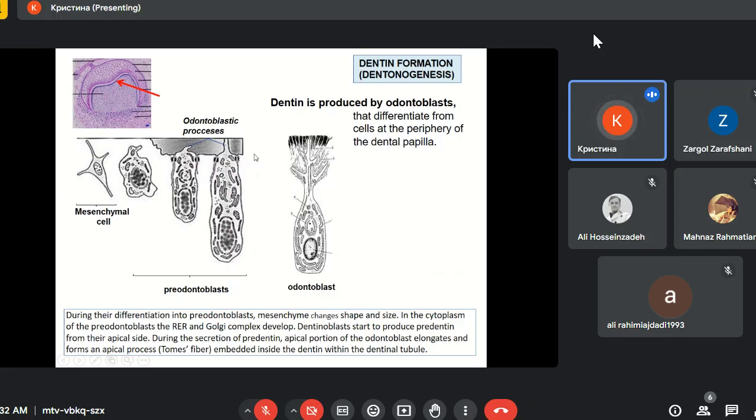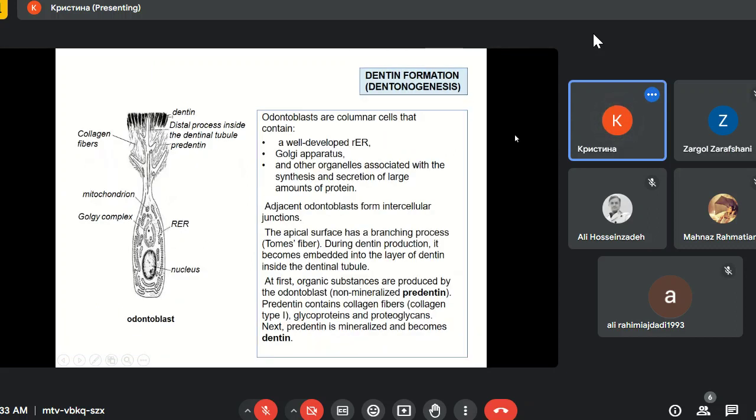So first of all, the pre-dentin is produced, which is non-mineralized substance, and then it is mineralized and becomes the mature dentin. So odontoblasts have a lot of rough endoplasmic reticulum, Golgi complex, and a long apical process, or Tomes' fiber. It is branching, and it goes inside the dentinal tubule in the layer of the forming dentin.